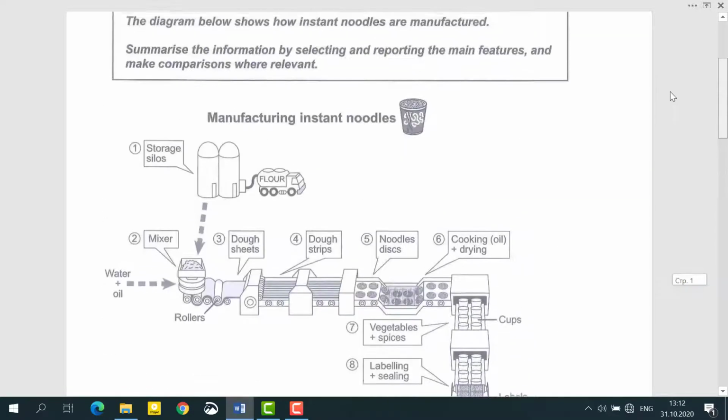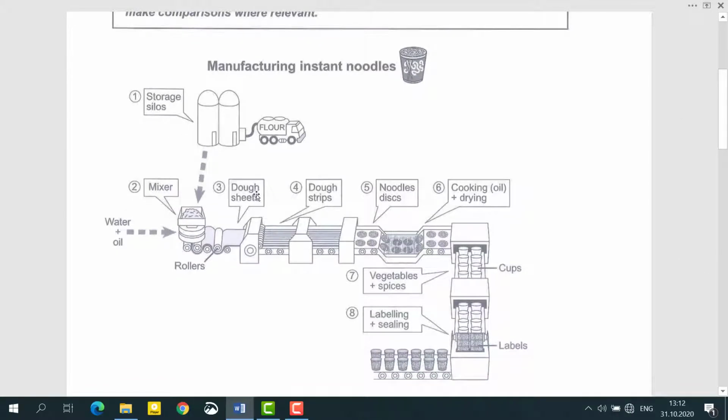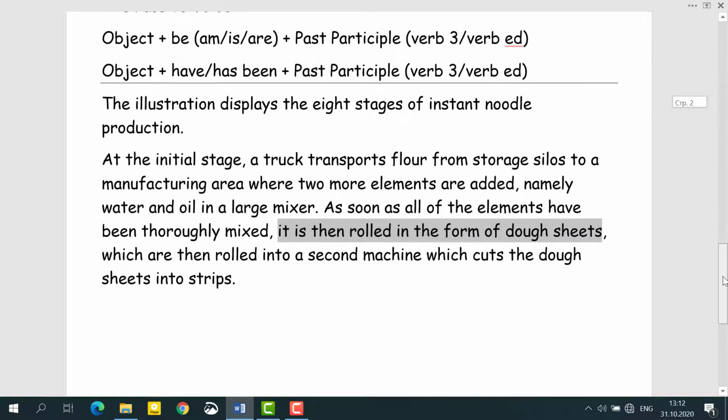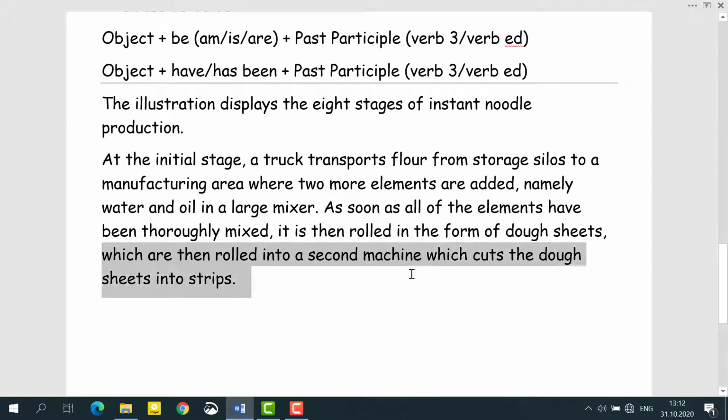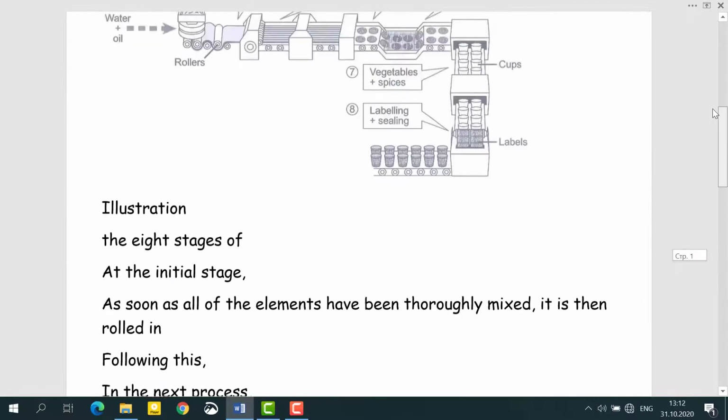Now, look at this carefully. We have dough sheets and we have rollers. So we have a noun, okay? And the verb would be roll, which are then rolled into a second machine, which cuts the dough sheets into strips. Look at this carefully.